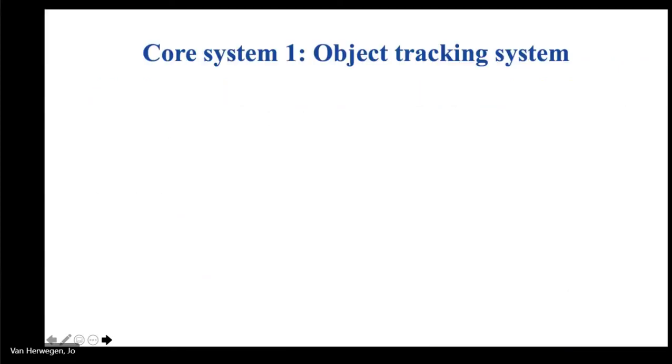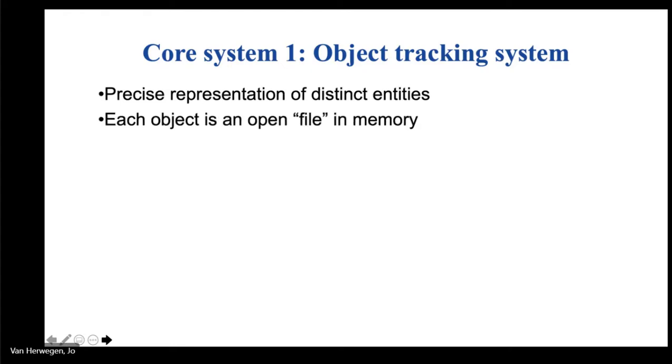And so this has led people to an understanding that infants have a kind of object tracking system. We call it Core System 1 for mathematical abilities, that allows infants to keep track of small numerosities. And it allows precise representation of distinct entities. So basically, the way to think about it is like in your memory, you would have a filing system.